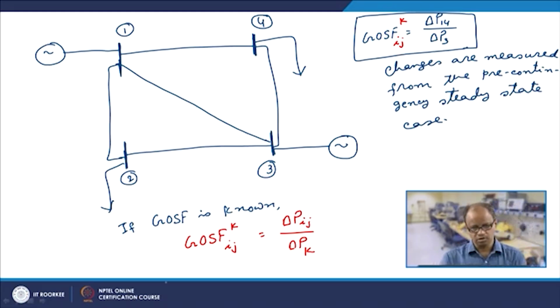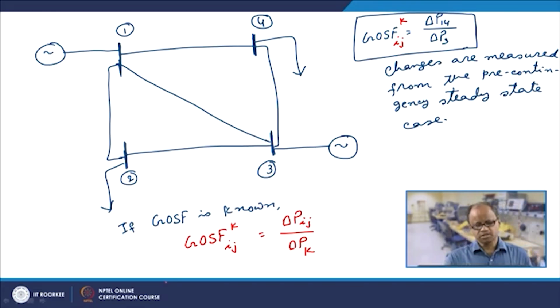So, for each combination of generator and line, we will have different values of GOSF. If these GOSFs are known, and there is a change in the real power injection here, then we can immediately calculate the change in the real power flow over a line between bus i and bus j due to some change in injected power at bus k.